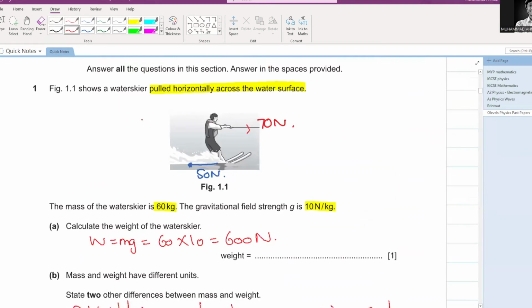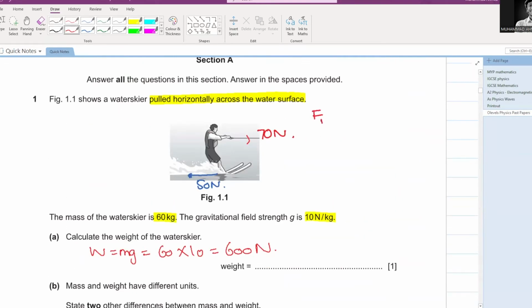First of all, what are you going to do here? You are going to calculate the resultant force. Right force minus the left force, 70 minus 50. The resultant force comes out to be 20 Newton. What is the mass of the water skier? 60 kg.